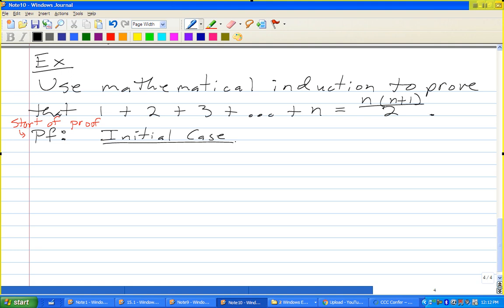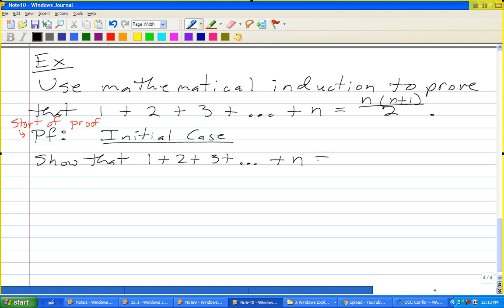So now let's do the initial case. I want to show that 1 plus 2 plus 3 plus dot dot dot n is equal to n times n plus 1 over 2 when n is equal to 1.